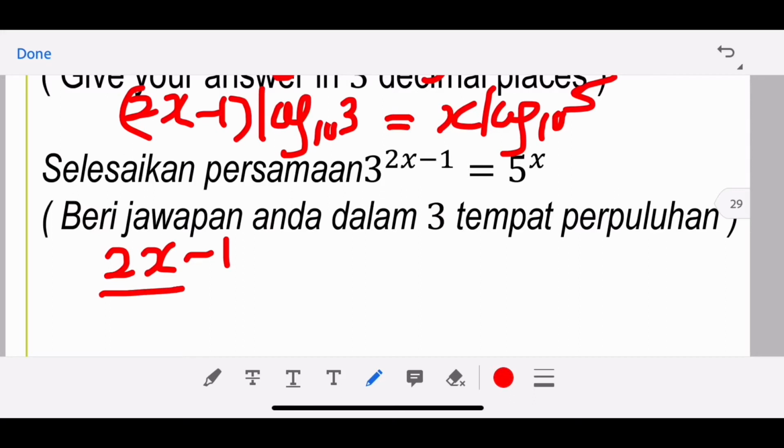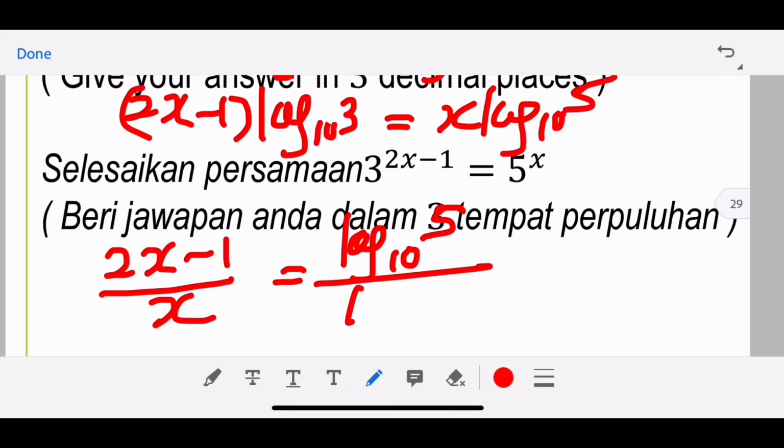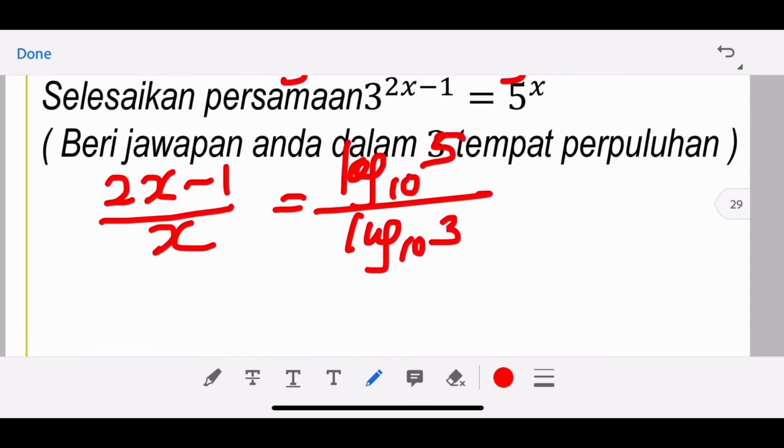Or if you want to try this way, also can: log 10 5 over log 10 3. Then you can just press the calculator and cross multiply carefully. You will solve the x. I'm sure you will get the answer. Now you press the calculator: log 10 5 over log 10 3. What is the answer?